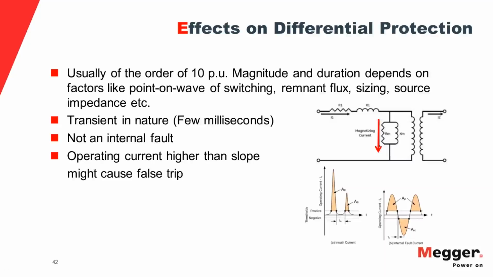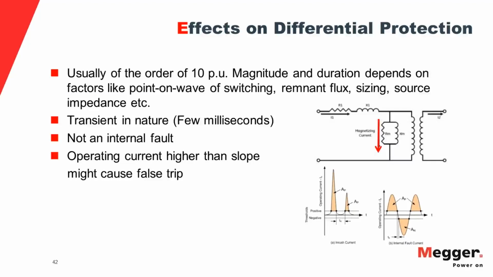So utilizing this concept, relay designers came up with the concept of harmonic restraint. What it means is they set a value. Let's say, just as an example, 15 to 20%.